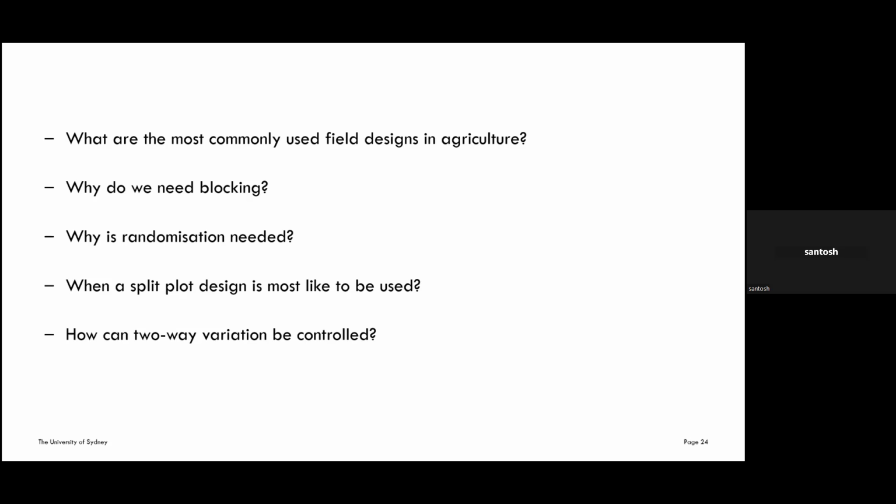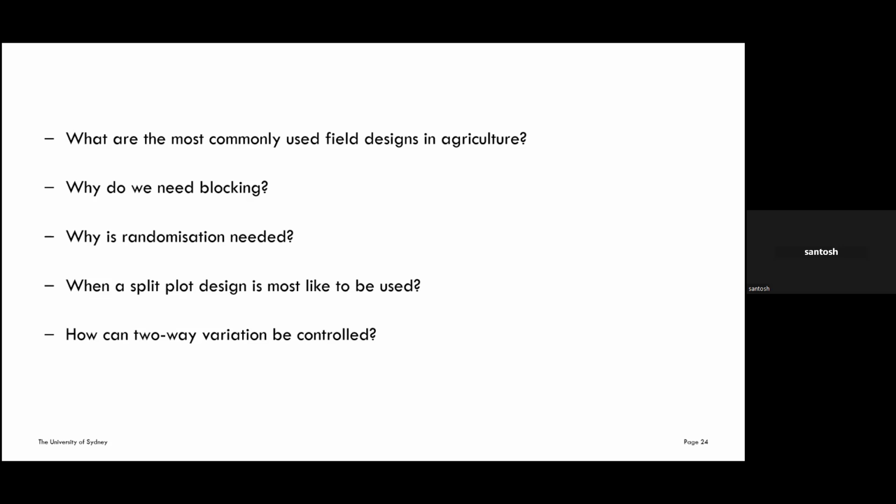So just a few questions. What are the most commonly used field designs in agriculture? Which one do you think is the most commonly used design in agriculture? You can use the chat room as well to provide the answers so that we can discuss. That's right. And why do we need blocking?